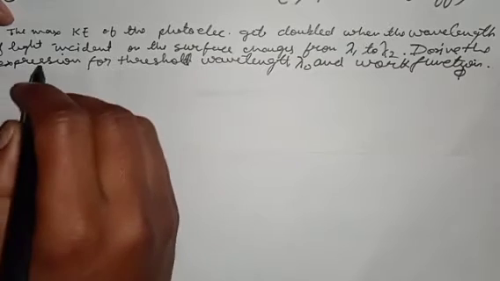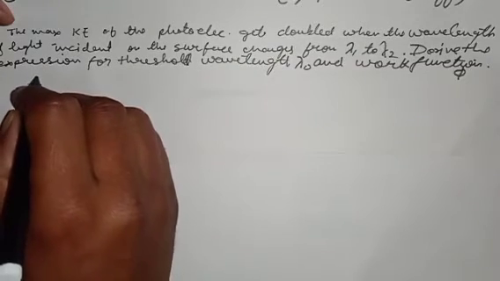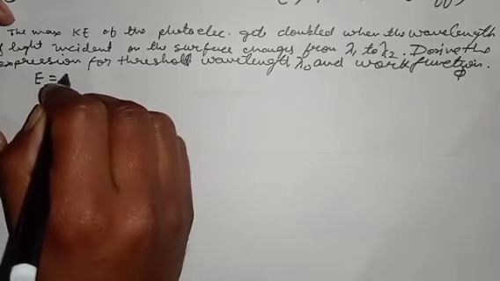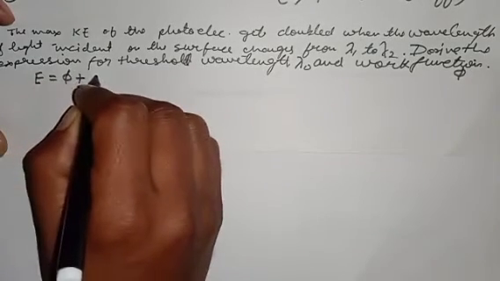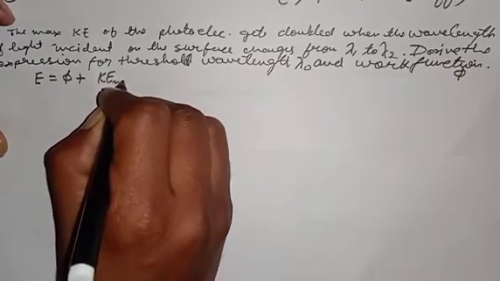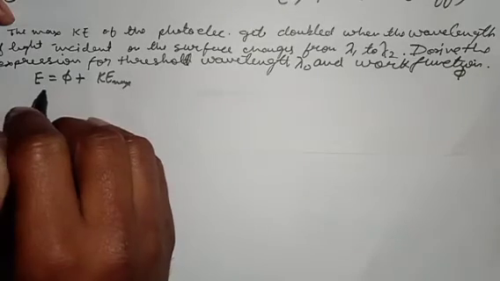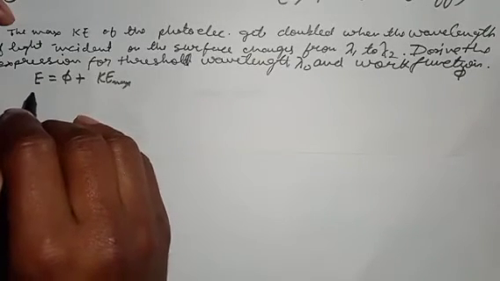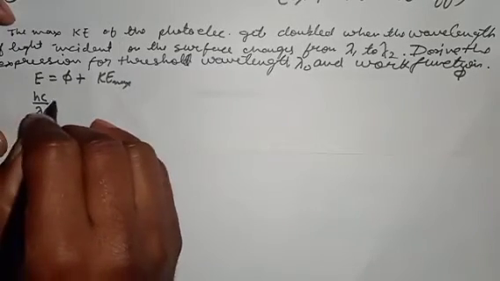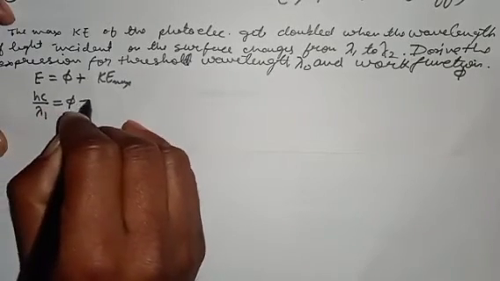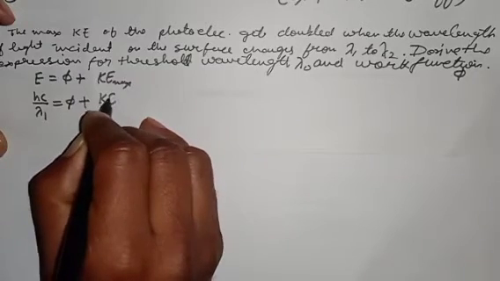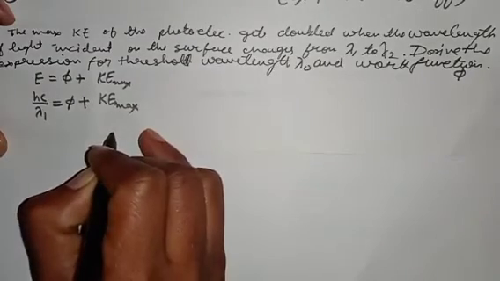So given is, we know that E equals phi plus KE max. So in first case, it is hc by lambda 1 equals phi plus KE max.